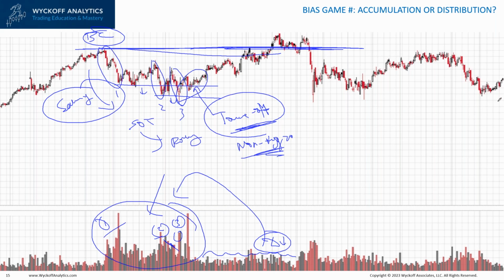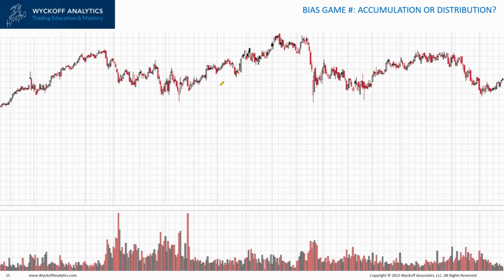What is the character of the rally? What else could we say about the character of the rally? How about this? We said that the takeoff was not that impressive. How about the breakouts? Here, here, and then here, and then here. What could we say about those breakouts? First one, pretty okay.